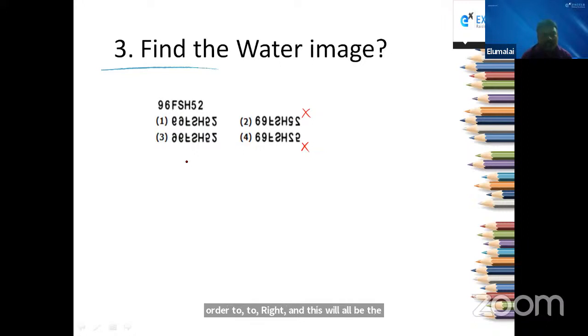So either one or three can be the correct answer here, isn't it? So if you check other things, yes. If you check this 9, and you invert this, you can have this one, not this one. So it is similar to mirror image. So this cannot be the correct one. So as we have removed all the three options, left over is the correct answer.